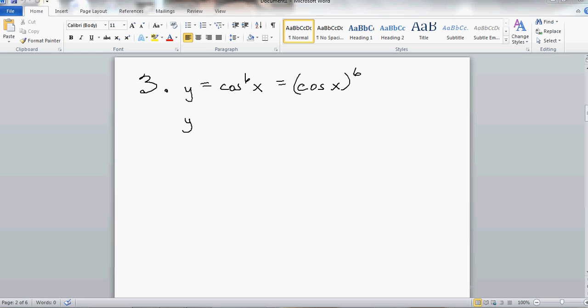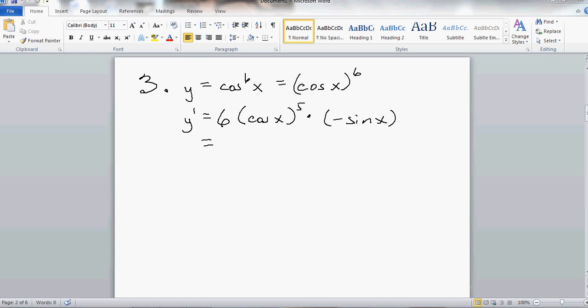So to take the derivative, we take the derivative of the outside. That's something to the 6th power, so that's going to be 6 times cosine of x raised to the 5th power. That's using the power rule: just move the 6 here and subtract 1 from that. But then we have to take the derivative of the inside. The derivative of cosine of x is negative sine of x.